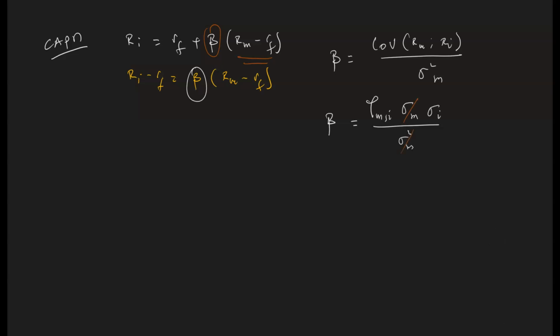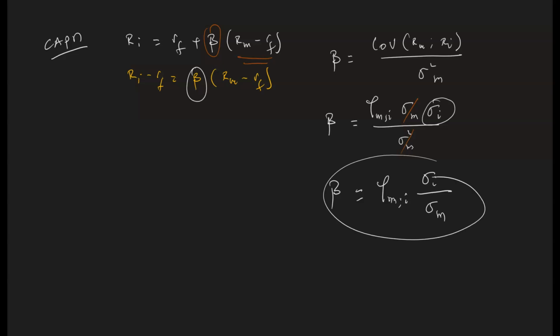So what we have is a beta that's equal to the correlation between the market and the asset that we are looking at, multiplied by the standard deviation of the asset divided by the standard deviation of the market.